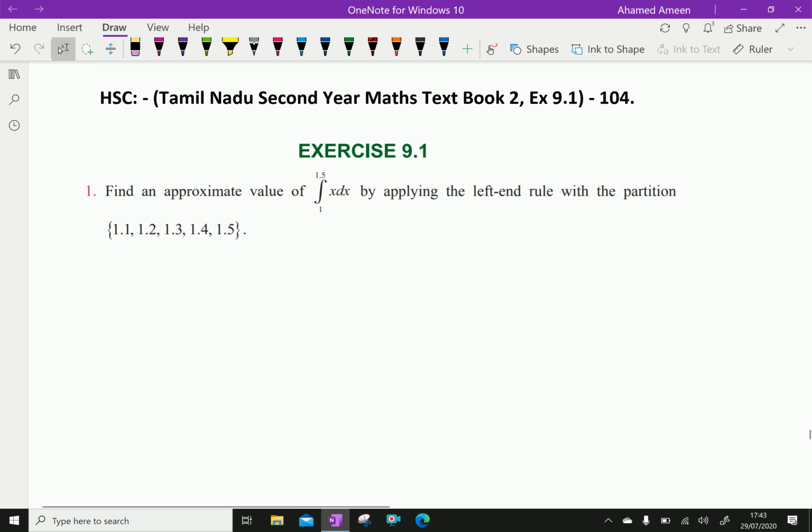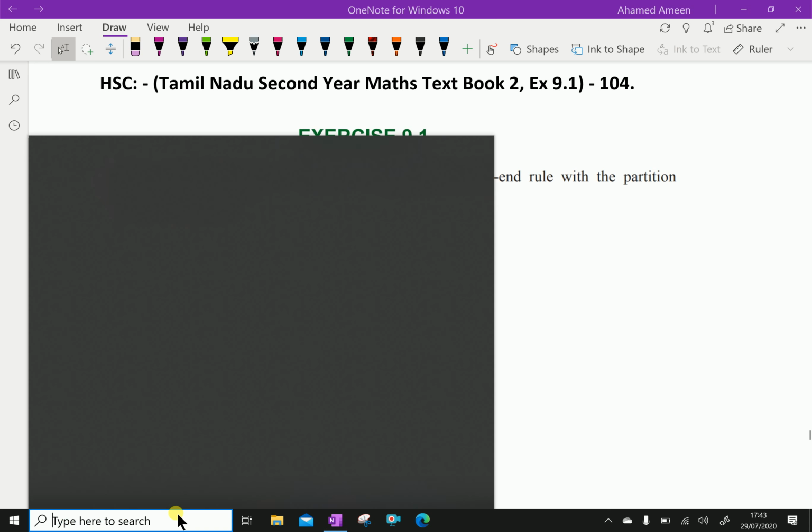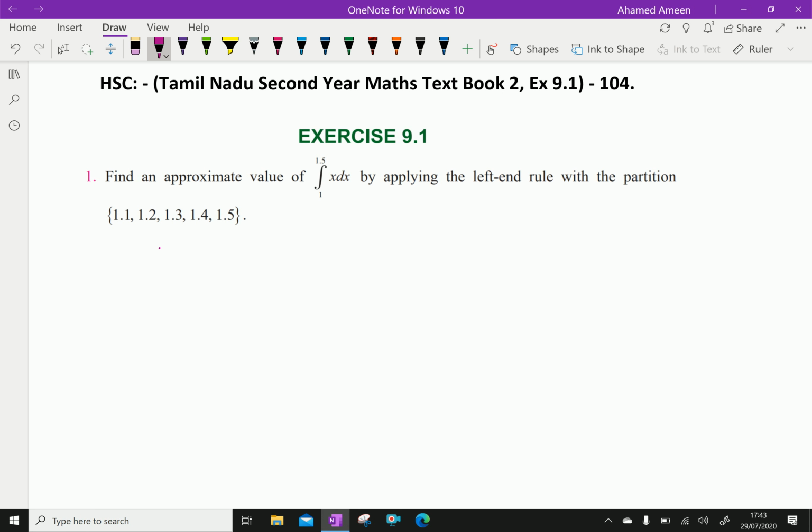Here the initial point A equals 1 and the final point B is 1.5. H, the common width, is delta x equal to (B minus A) over N. Here there are 1, 2, 3, 4, 5 partitions.